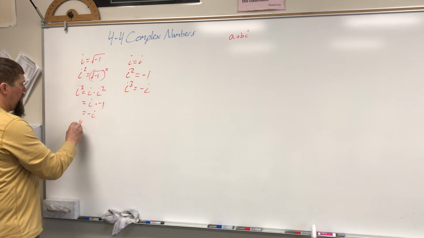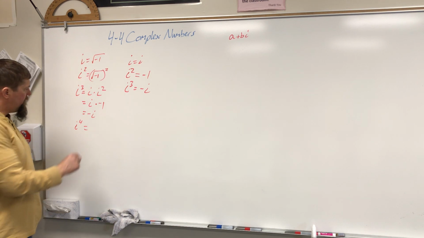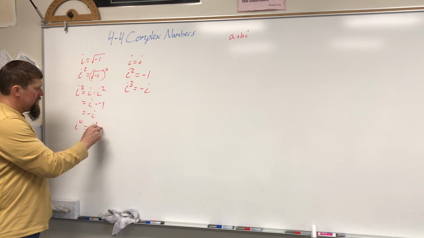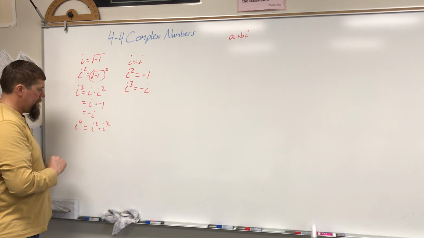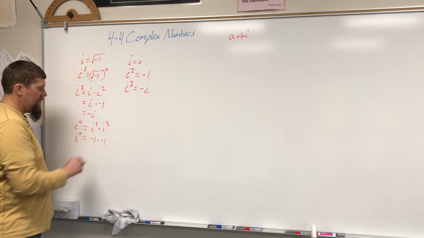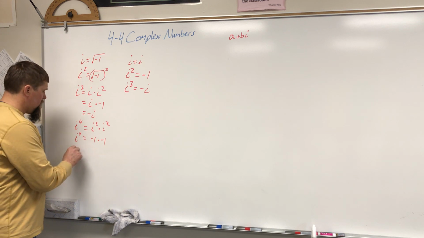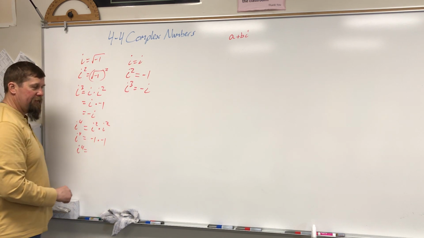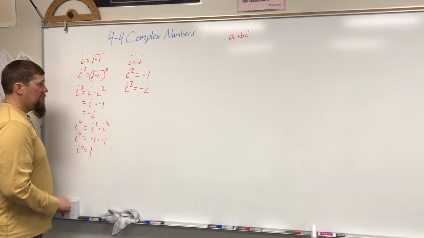How about i to the 4th? Now i to the 4th is i squared times i squared. So i to the 4th is -1 times -1, which is +1.